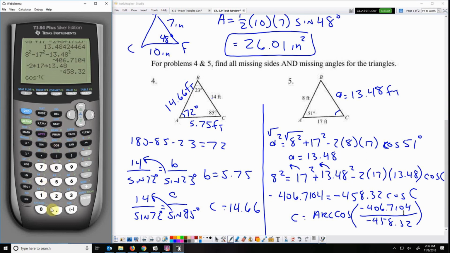So second cosine. And it is negative over negative, so I can make those positive. Then I get 27.45 degrees.